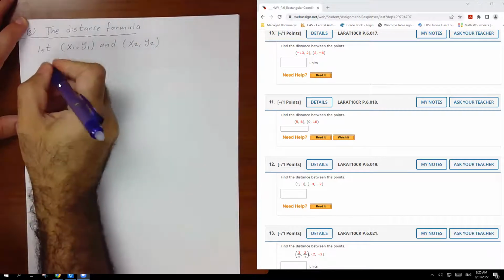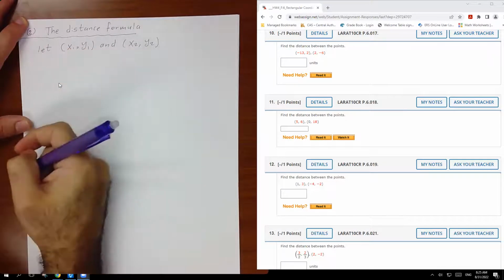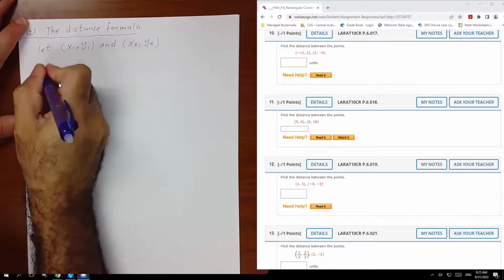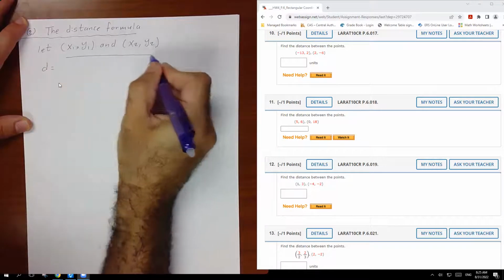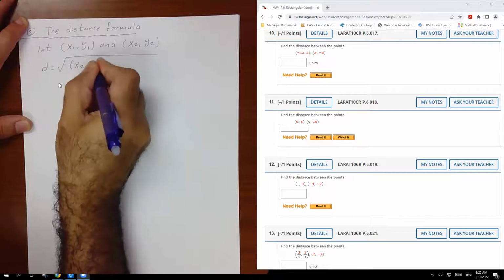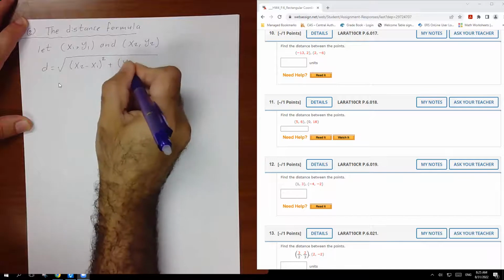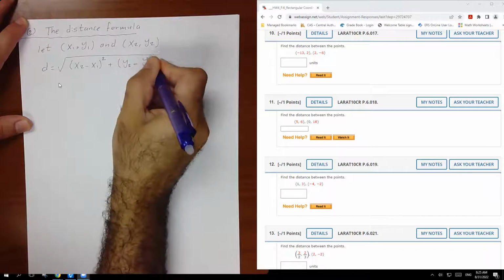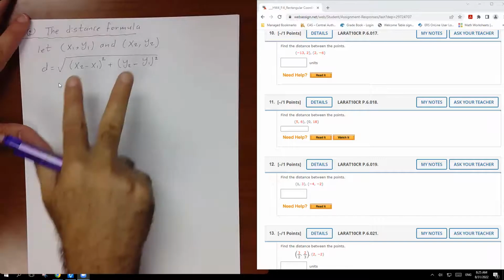The distance between them is going to be the square root of x2 minus x1 squared plus y2 minus y1 squared. So always when they ask you to find the distance between 2 points, that means you're going to use this formula.